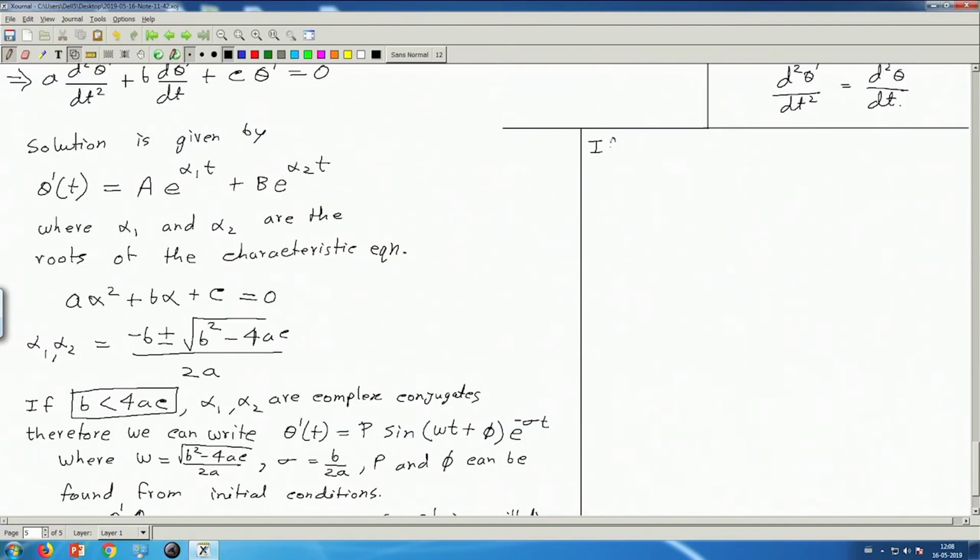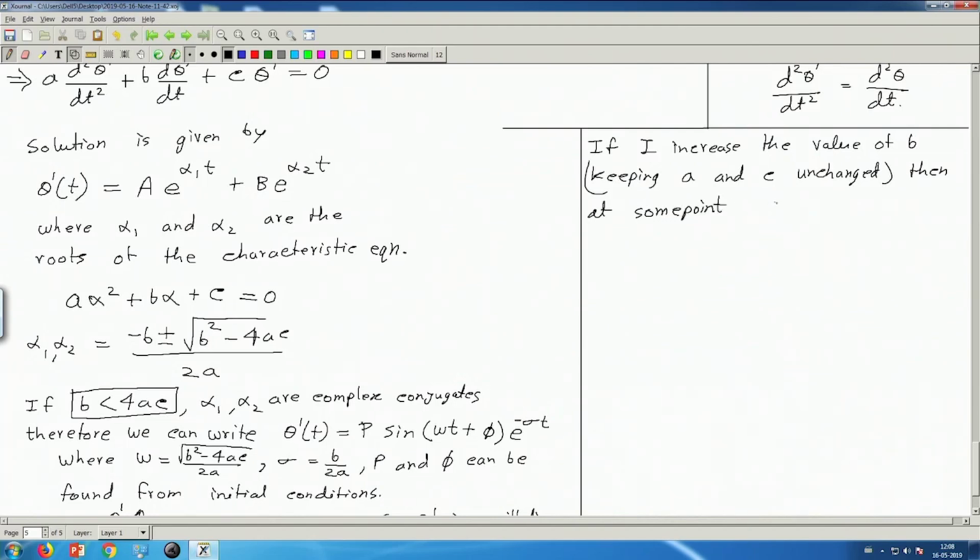So if I increase the value of b, keeping a and c unchanged, then at some point b square will be equal to 4ac.